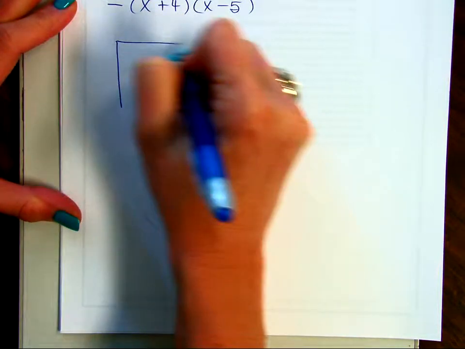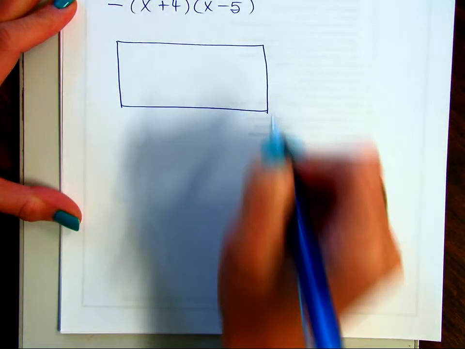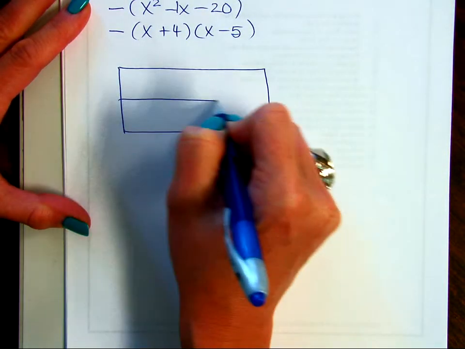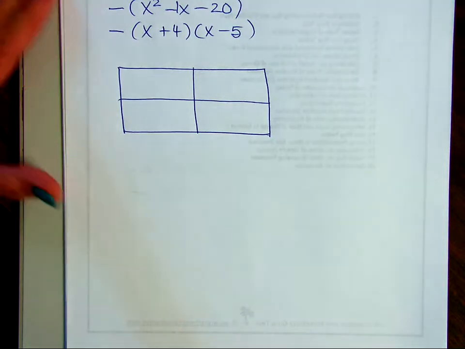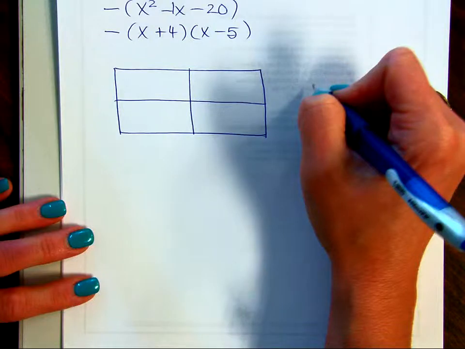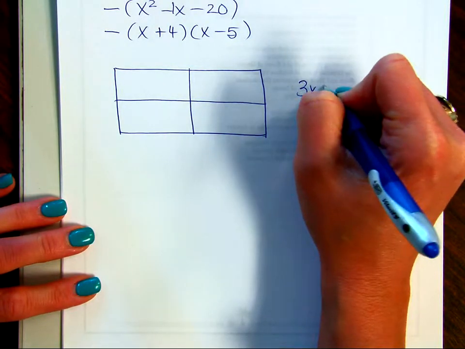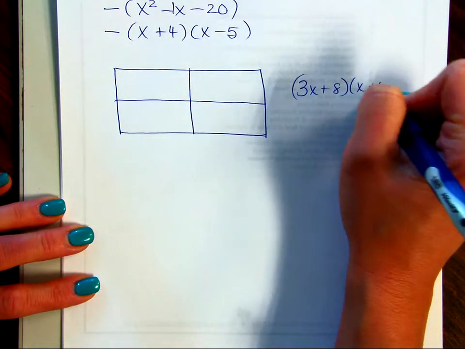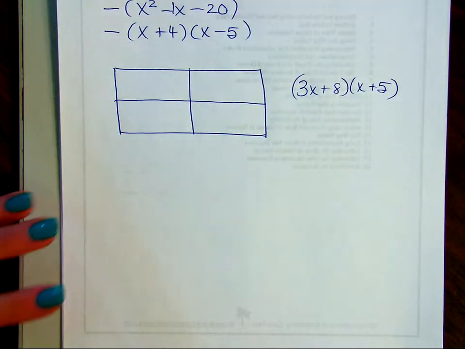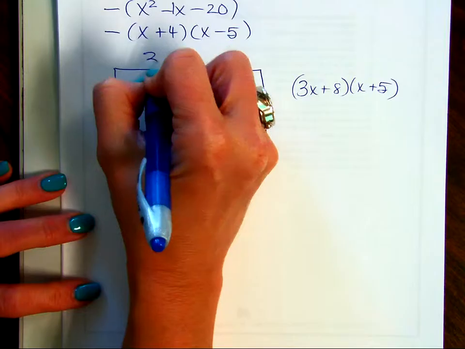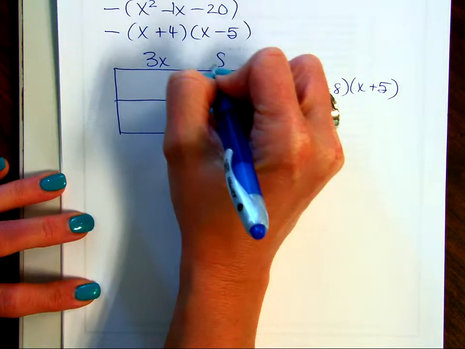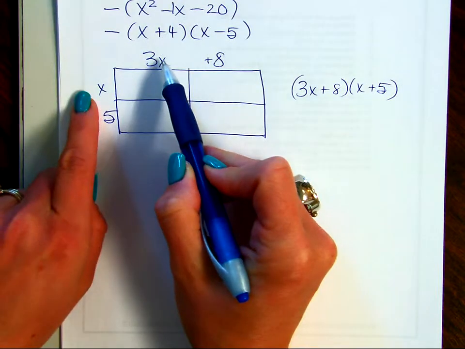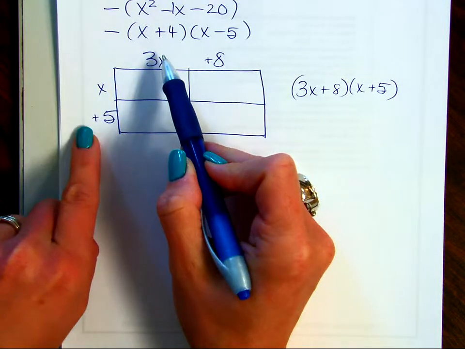In order to do this, we have to remember how to do FOIL. Remember when I taught you FOIL, like I said, let's multiply 3x plus 8 times x plus 5. And I said, could you do 3x plus 8 here and x plus 5 here? And it was kind of like Battleship, right? This times this was that, like a multiplication table would work.